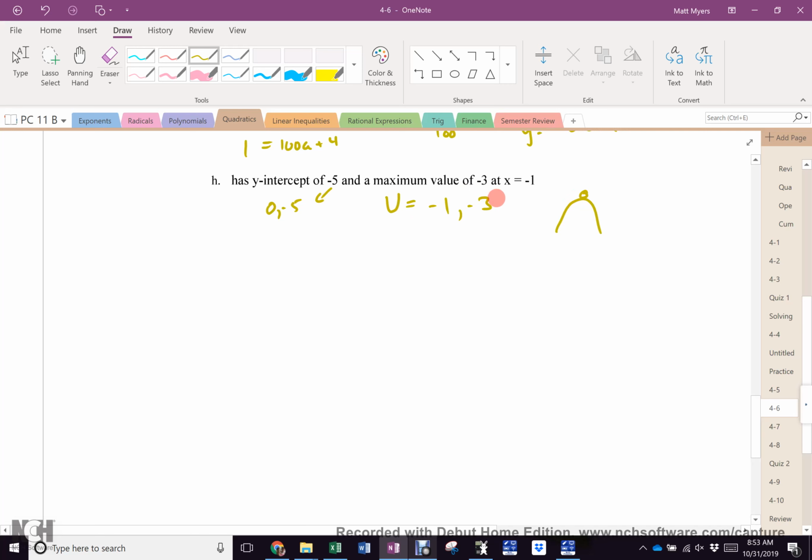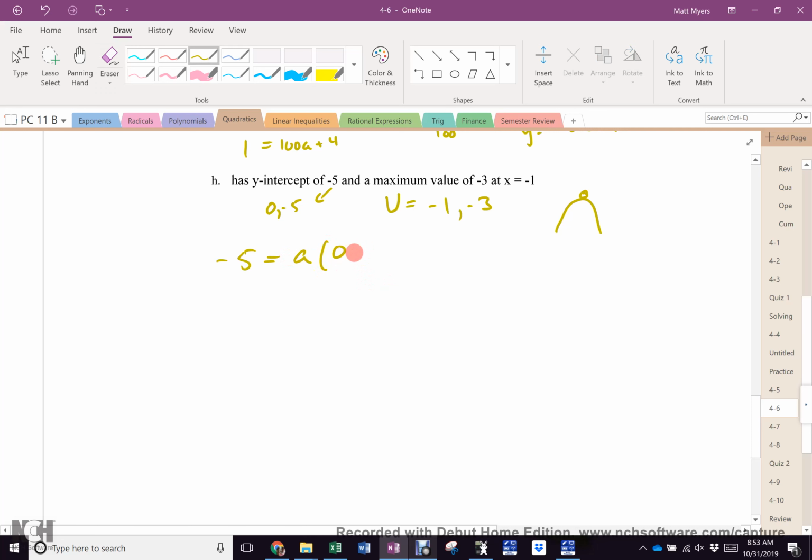So let's go. What's going in for y? -5, not comma. Equals. What's going in for a? A. We know it's negative, though. We could write negative a if we wanted, but that would be dumb, wouldn't it? Okay. X is 0, not x.